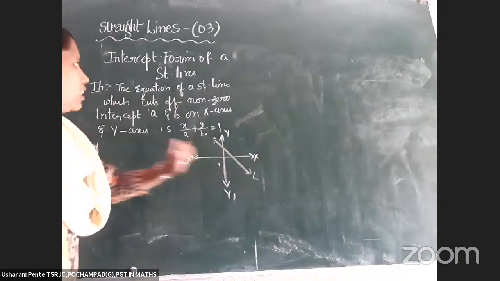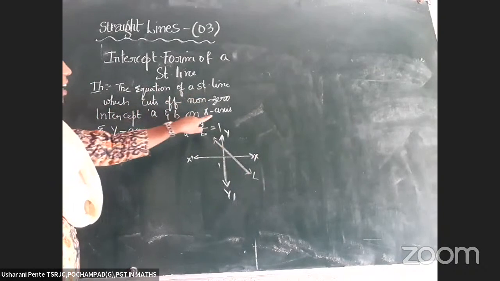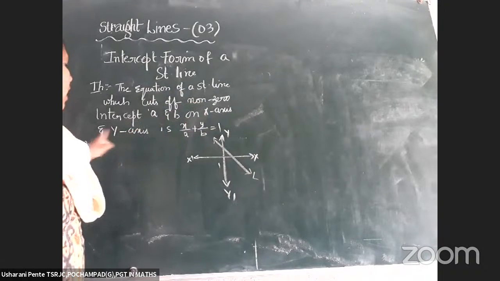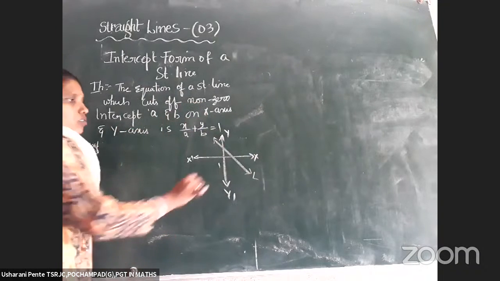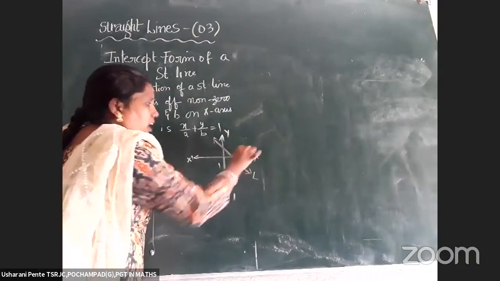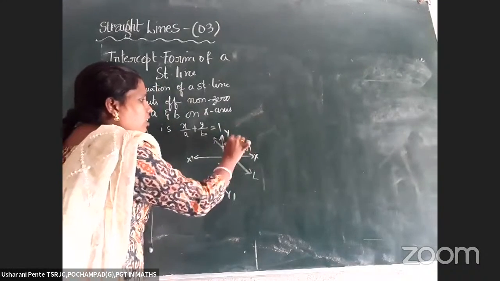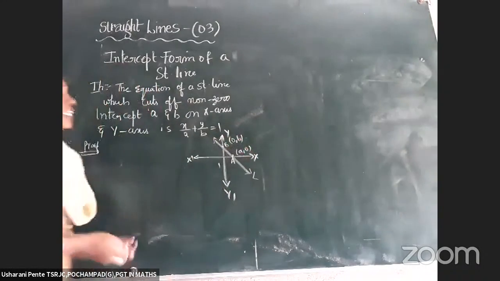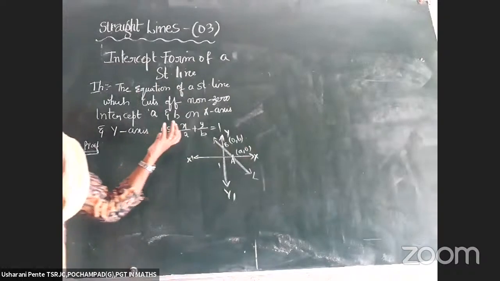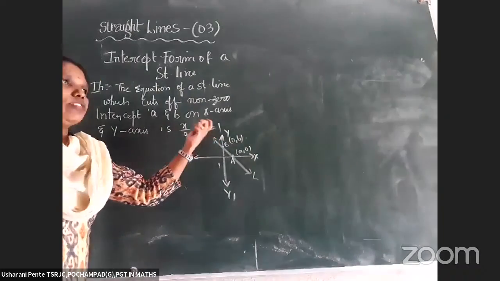This is a straight line L which cuts off non-zero intercepts a and b on the x and y axis respectively. On the x-axis it is cutting at a, and on the y-axis it is cutting at a point b, that is, (0, b). Then the equation will take the form x by a plus y by b is equal to 1.